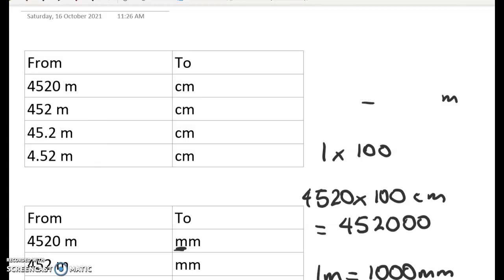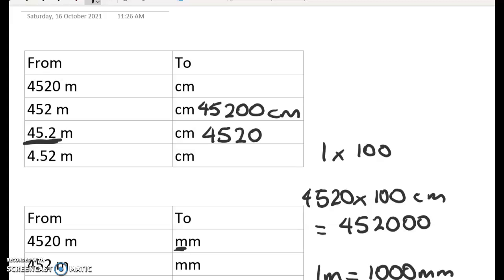So for each one, we are multiplying by 100. So it's going to be 4,000, 45,200. This one here, I'm multiplying by 100. So it's going to be 45, and then I need to times by 100. So it's 4,520 centimeters. For the next one, 4.52 meters, I'm timesing by 100, 452 centimeters.